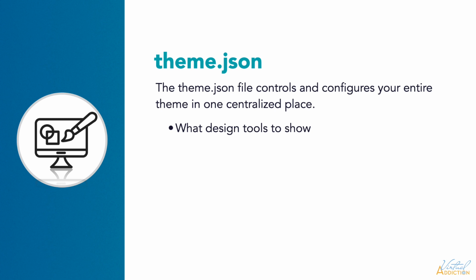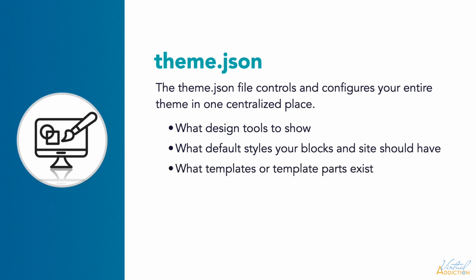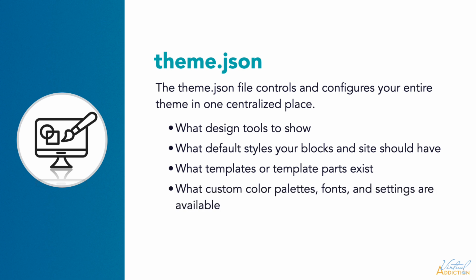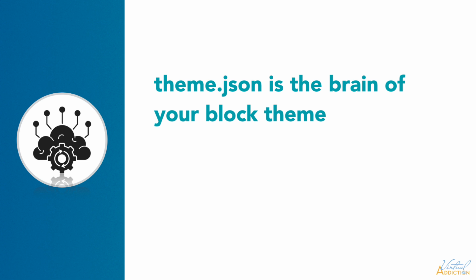It tells WordPress what design tools to show, things like the color picker, font controls, padding, margins, etc. What default styles your block and site should have, what template or template parts like header and footer should be included, what custom color palettes, fonts, and settings are available, and how to style blocks consistently without needing a ton of custom CSS. You can think of Theme.json as the brain of your block theme.